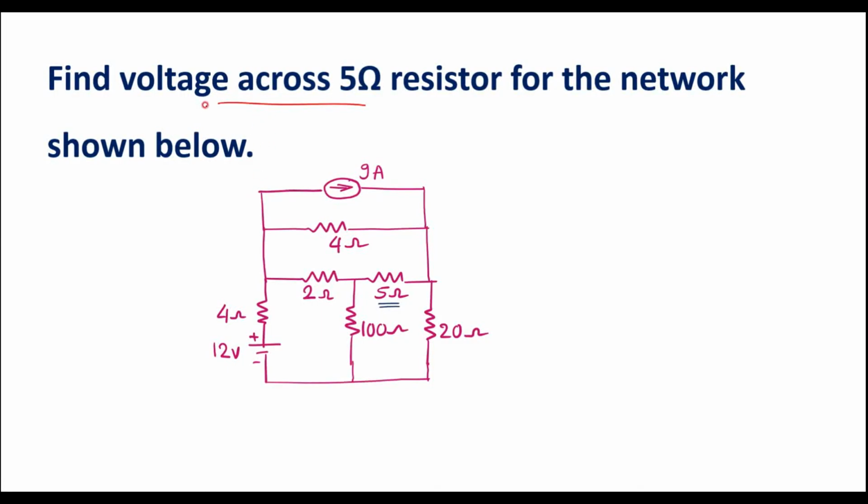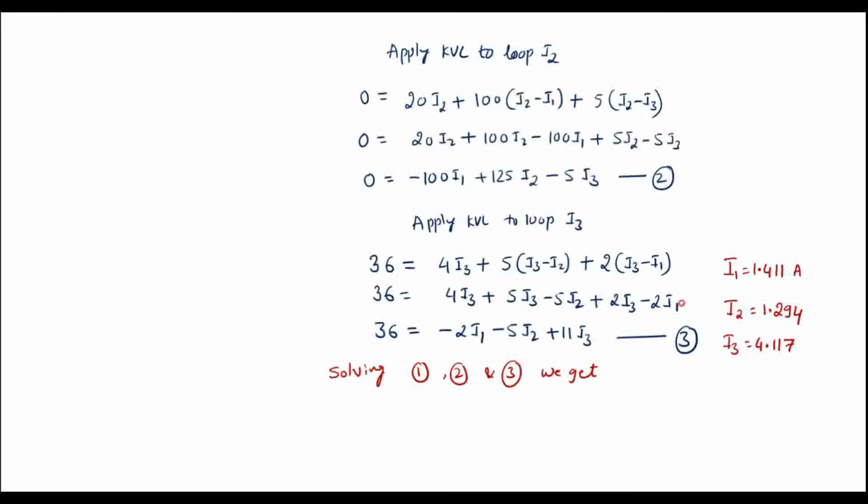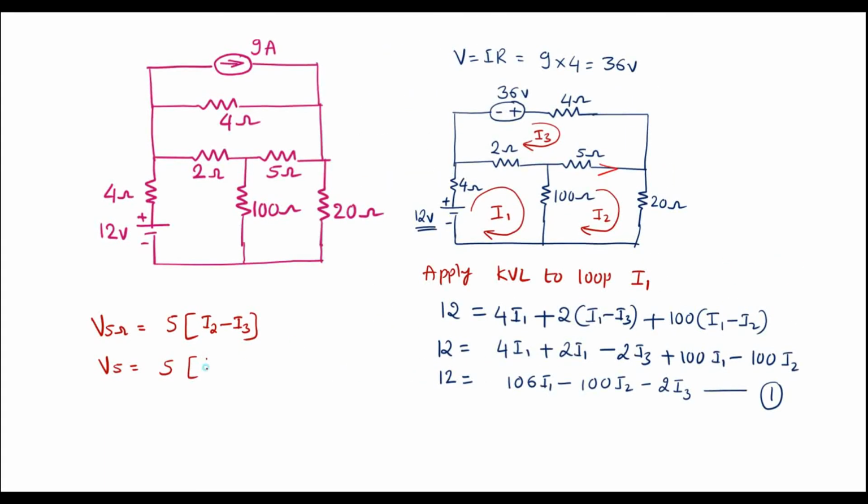Now we have to find the voltage across the 5 ohm resistor. Assume that current is flowing in this direction. The voltage across 5 ohm is 5 into I2 minus I3, since in this direction I2 is flowing. So I2 value is 1.294 minus 4.117.